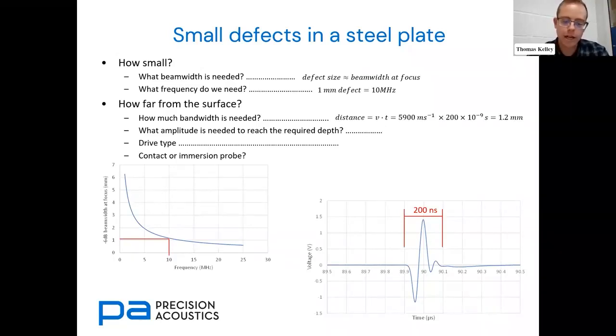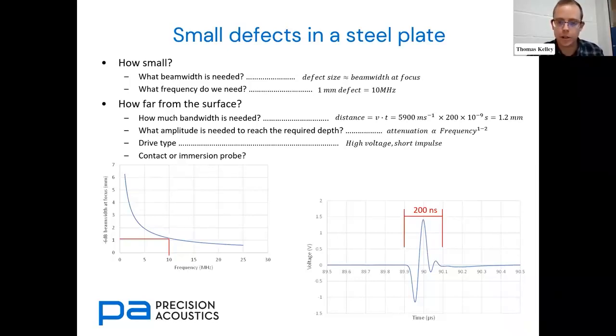So a pulse duration any longer than about 200 nanoseconds is going to make it very difficult, without some signal processing, to resolve defects that are about 1 millimeter apart or closer. And a pulse length of this duration is going to lead us to a frequency of about 10 megahertz or higher, and it is a very broadband pulse. So we'll also have to think about the amplitude of the signal and how we're going to drive the transducer.